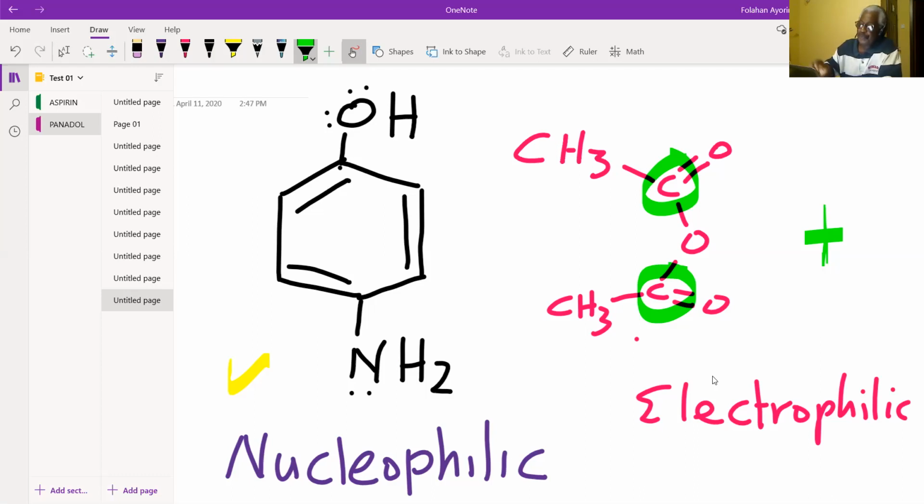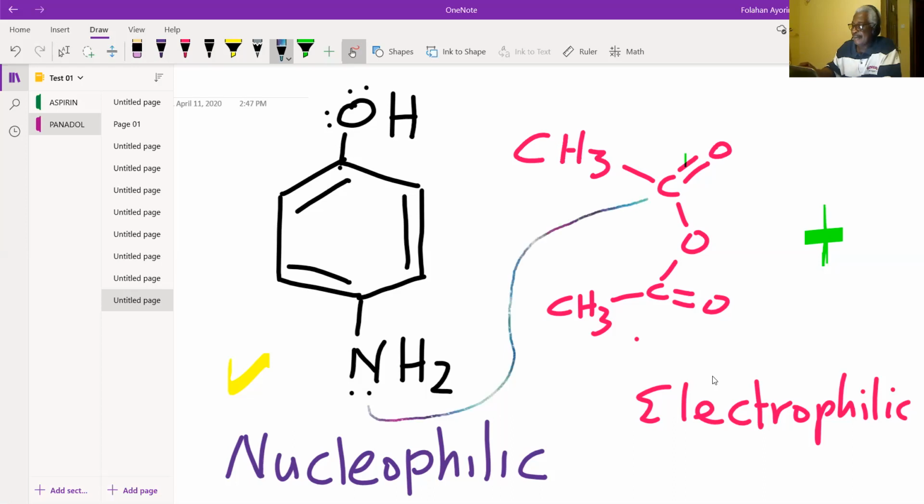So, because the nitrogen is more nucleophilic, what it does, it attacks this carbon, and this carbon-oxygen bond will break.